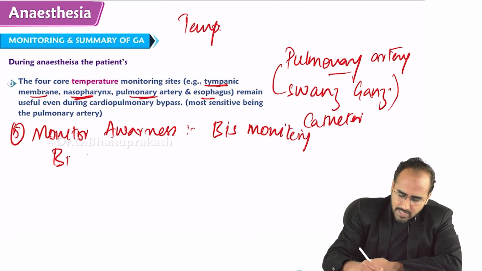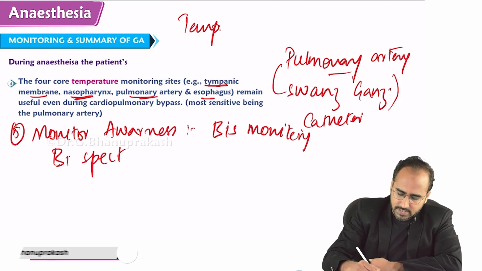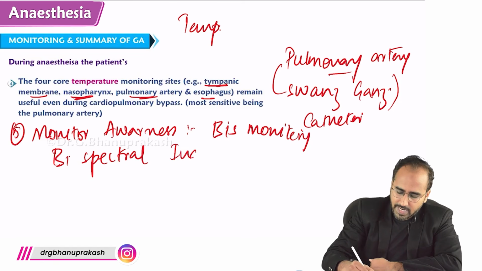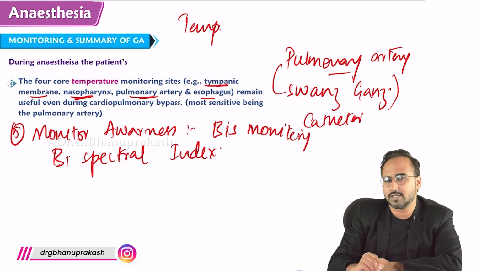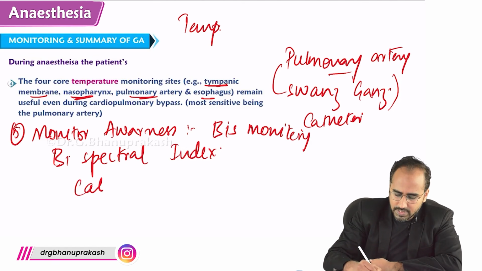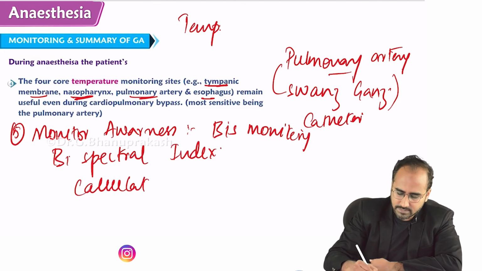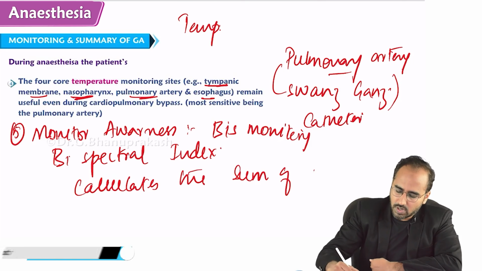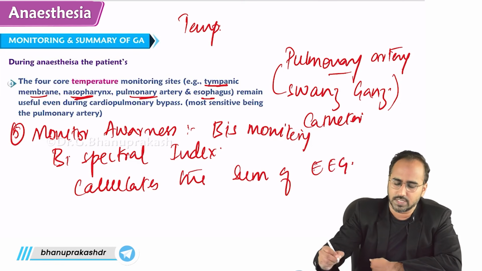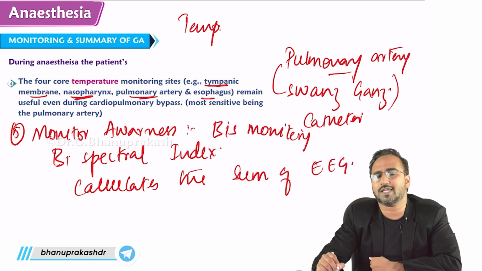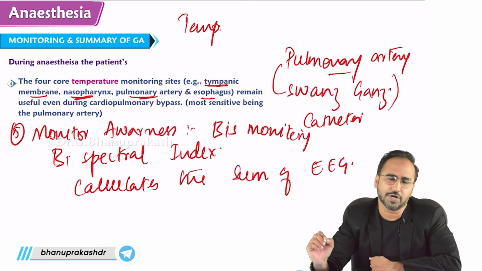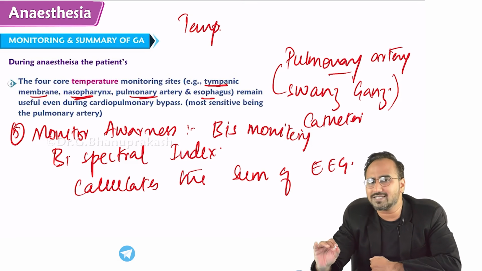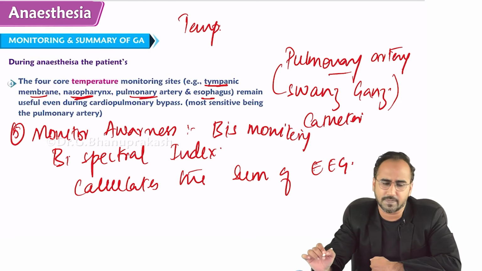It is bispectral index, which calculates the sum of EEGs. With bispectral index, you can calculate the sum of EEGs and come to a conclusion whether the patient is aware or not, right? So remember guys, in monitoring during anesthesia, these are the points.